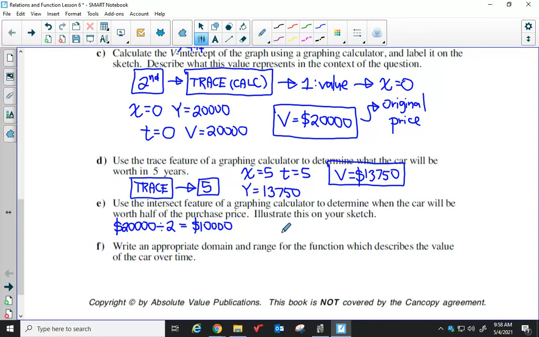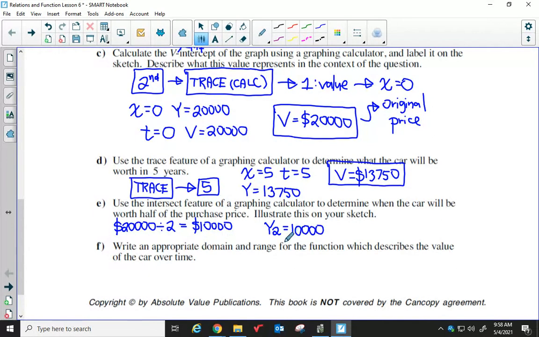We want to determine the value of x when y is 10,000. To do that, you need to enter a second equation into the y equals. Beside y2, I'm just going to enter 10,000. That's going to draw a horizontal line that starts at 10,000.